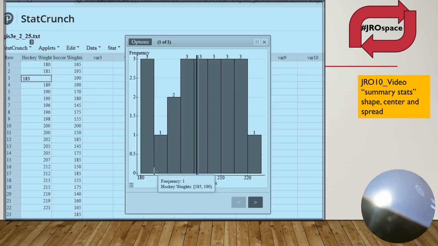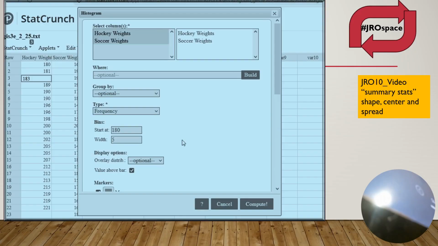It changed slightly, but I should have taken a picture of what it was, right? But anyway, depending on the bin widths would determine how it's going to look. So that's one thing about a histogram, you just don't want to look at it.